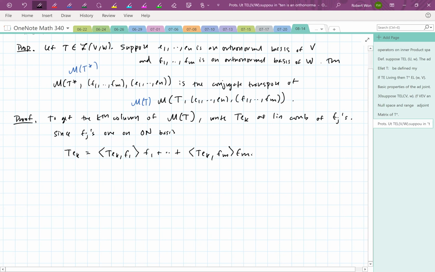So these will be the entries in the kth column. The jkth entry, the thing in the jth row in the kth column of this matrix, is going to be the inner product of T Ek with Fj.